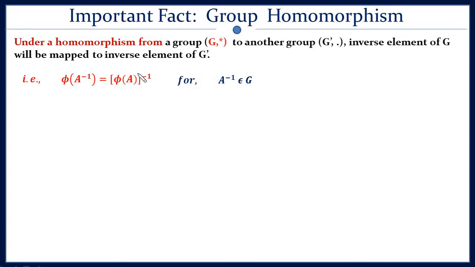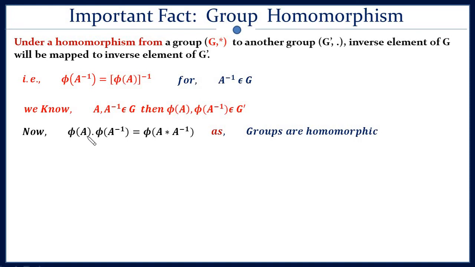How can we prove it? We know a and a inverse lie in group G, then phi(a) and phi(a inverse) must be in the group G prime, if there exists a homomorphism phi. Now we can simply write phi(a) dot phi(a inverse) is equal to phi(a star a inverse).